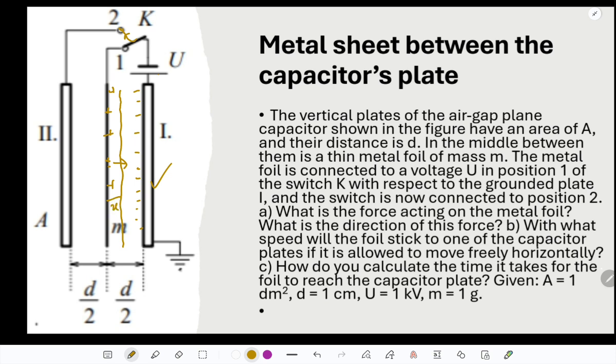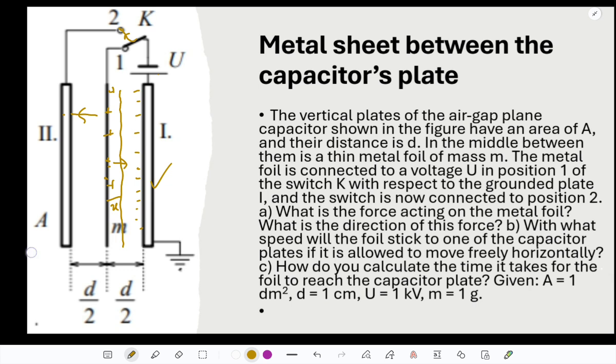Suppose that this distance is x, then it will move a distance x towards plate 1, and in this process charge on this plate 1 and this charge on this metal foil doesn't change, and since this is positively charged and it is going to be connected to the negative end of the battery, that means an electric field in this direction will be generated.